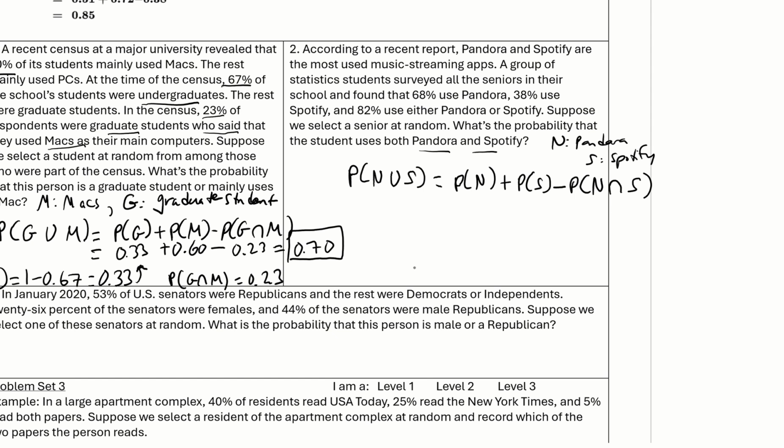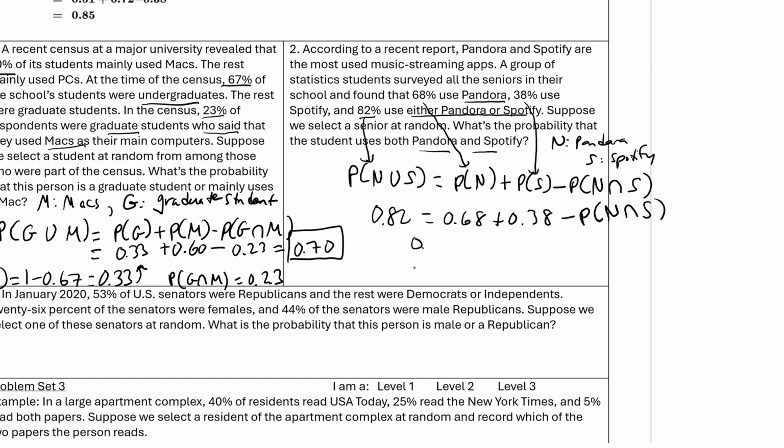We're trying to look for the intersect, that's the question mark. Do they tell us the rest? It says here 82% use either Pandora or Spotify, so that's 0.82. 68% use Pandora, and 38% use Spotify. So 0.68 plus 0.38 minus the intersect.